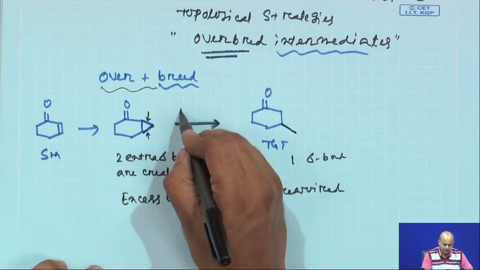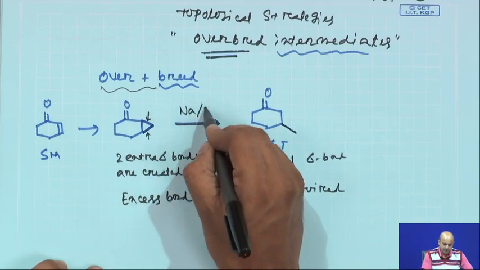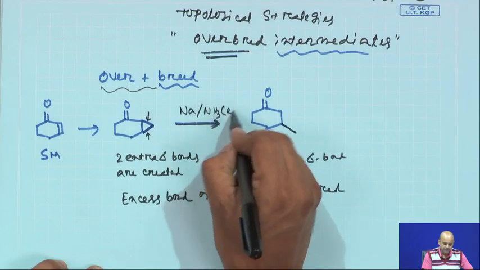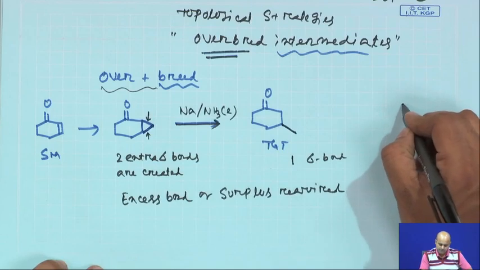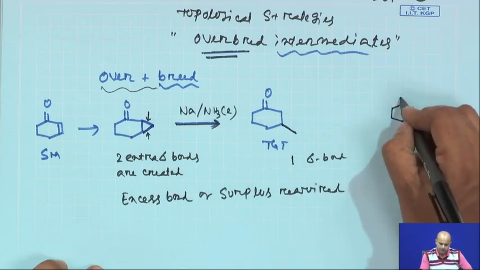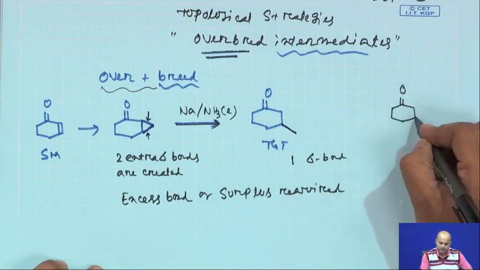Now, we say that we will be doing a reductive cleavage with sodium in liquid ammonia. This reaction we have already explained. It goes through a single electron transfer pathway.